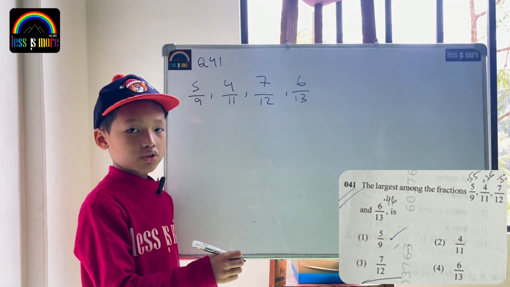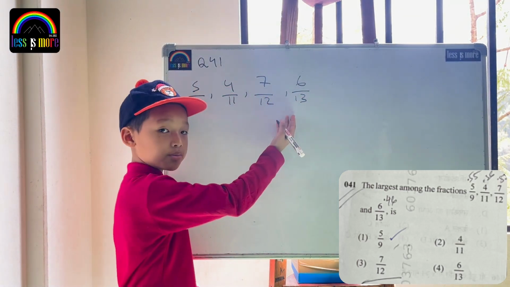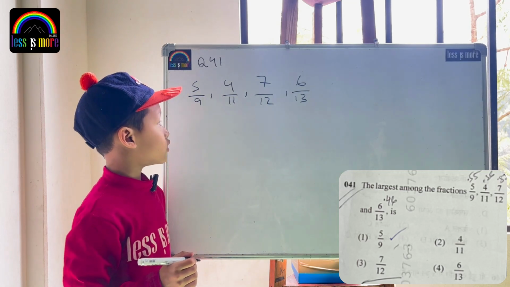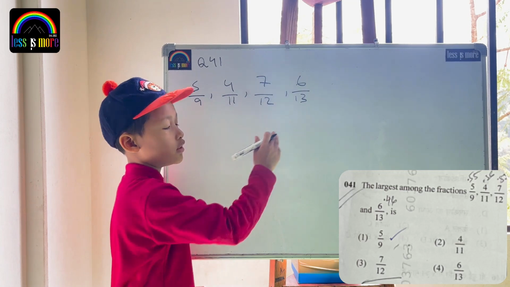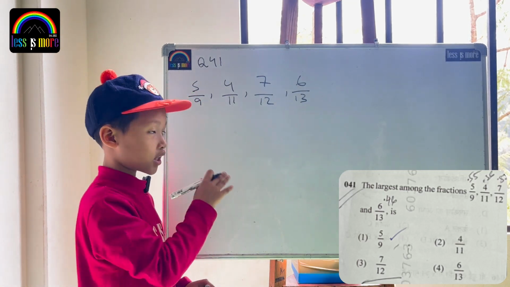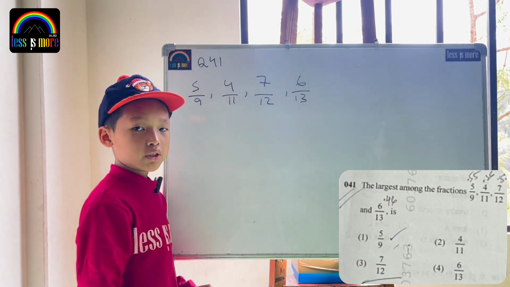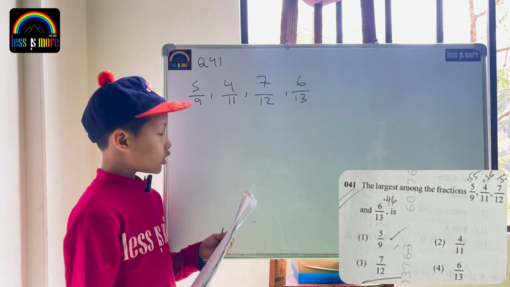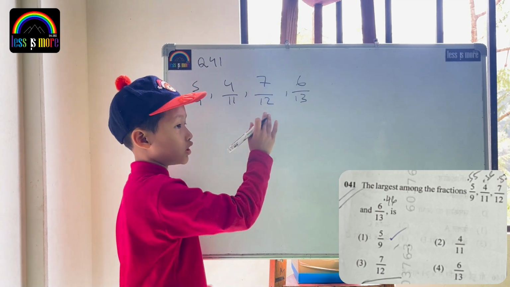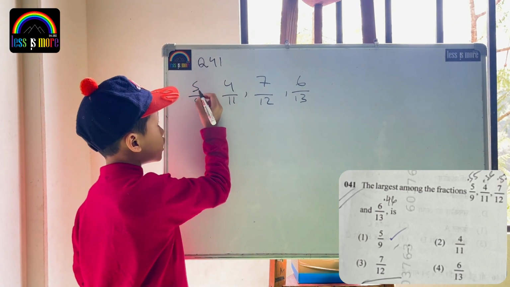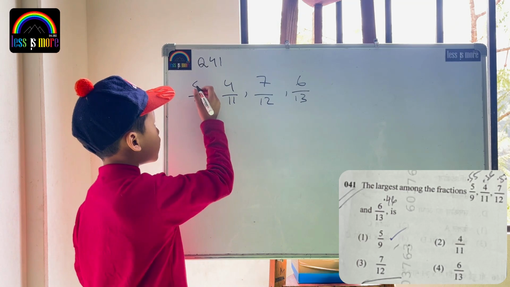To solve this question, we have to learn decimals, because we are not going to do it the way of finding the LCM of denominators, because the LCM would be too much. So to convert these four fractions into decimals, we have to divide the numerator by the denominator.